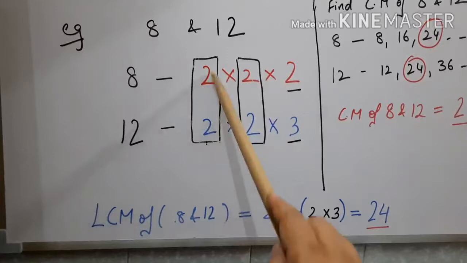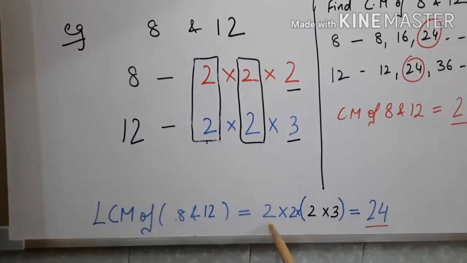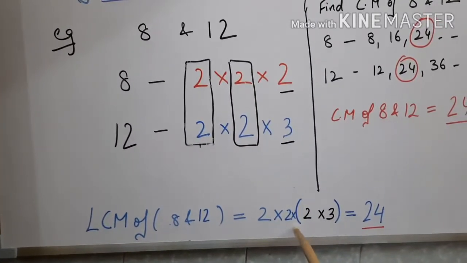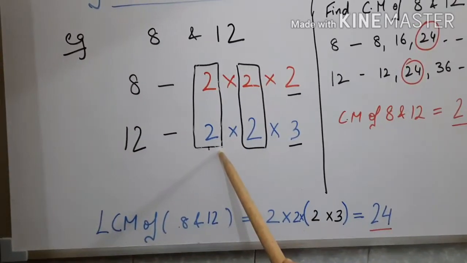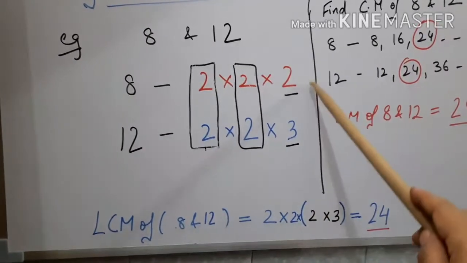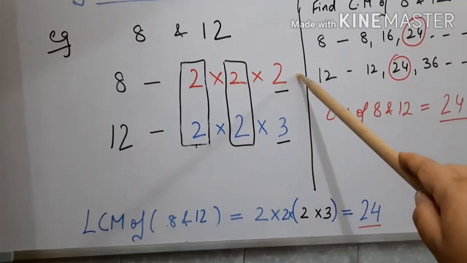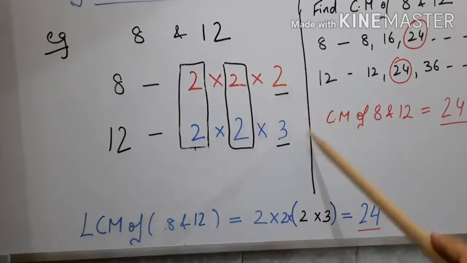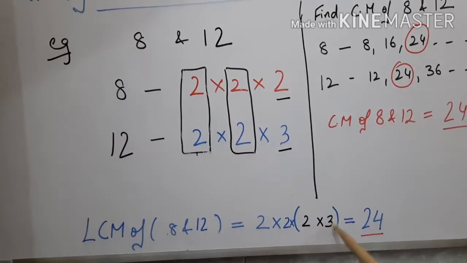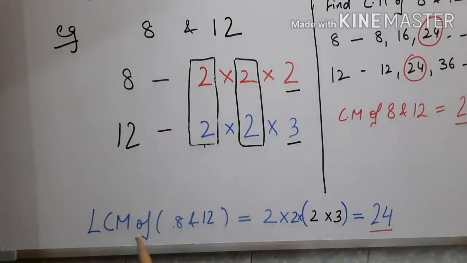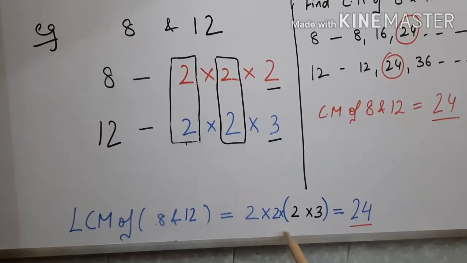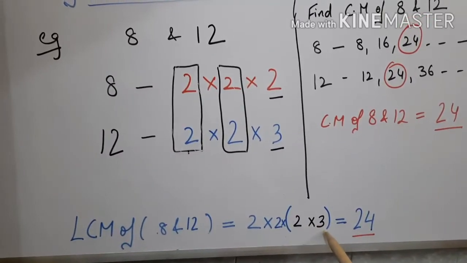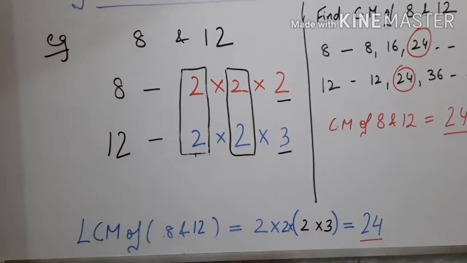We don't write four 2s. I just write 2 times 2 instead of four, as 2 2 is common between 8 and 12. And whatever is left which is not common to both, we write it as 2 and 3. So what is the LCM of 8 and 12? It will become 2 multiplied by 2 multiplied by 2 multiplied by 3, that is 24.